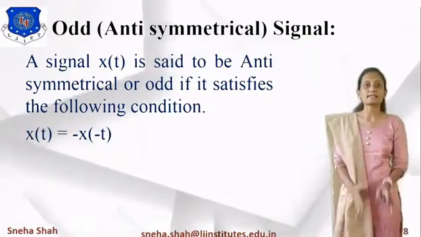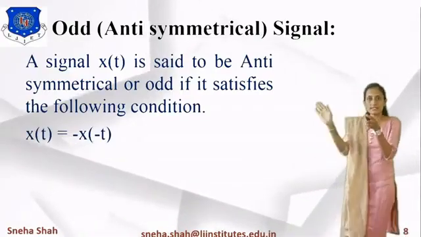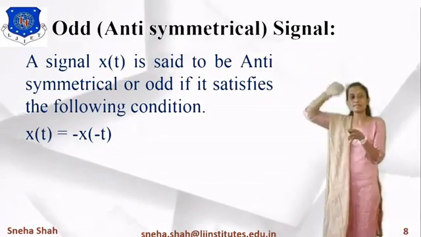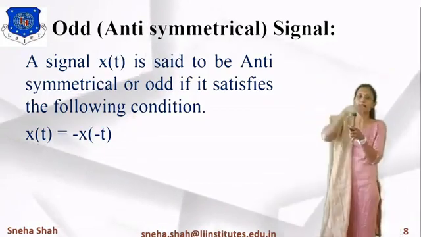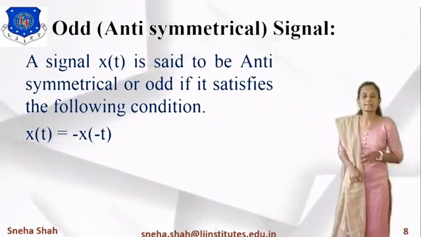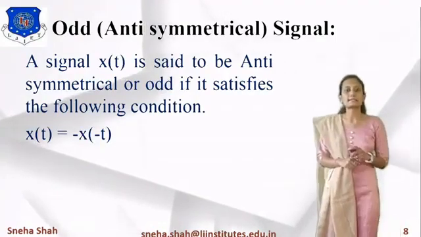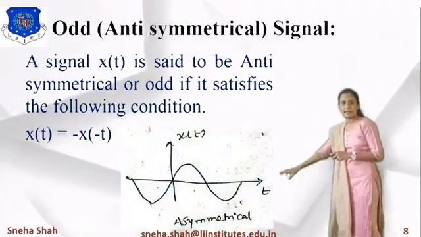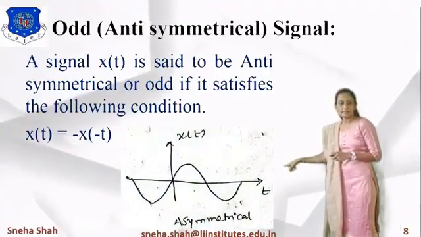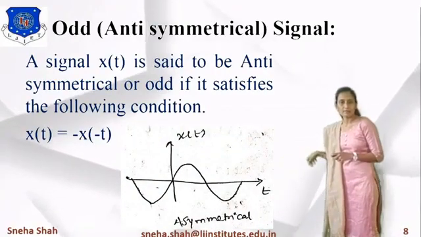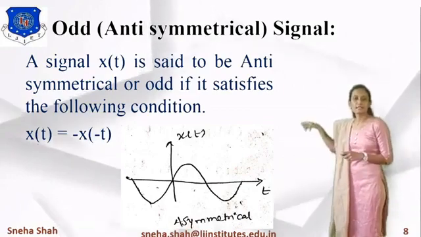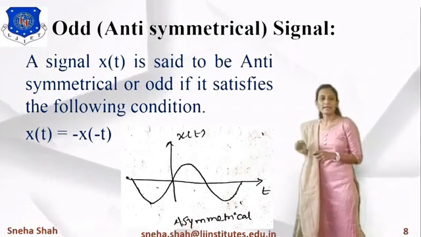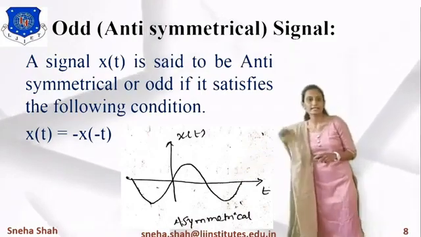So from this we can say that from the y-axis, if the positive part is in increasing form, then on the negative side it will be in decreasing form. This type of signal is considered an odd signal. From the diagram you can see that for the positive part the signal is positive, and for the negative cycle it is in decreasing form.